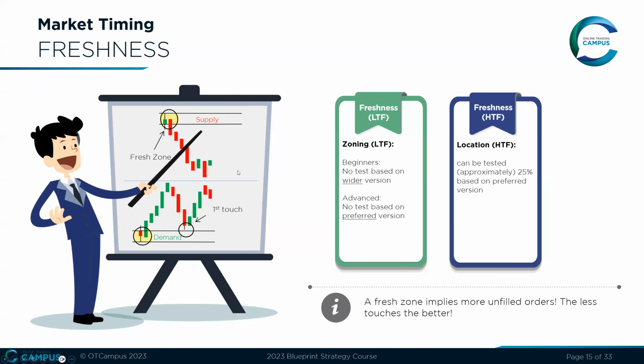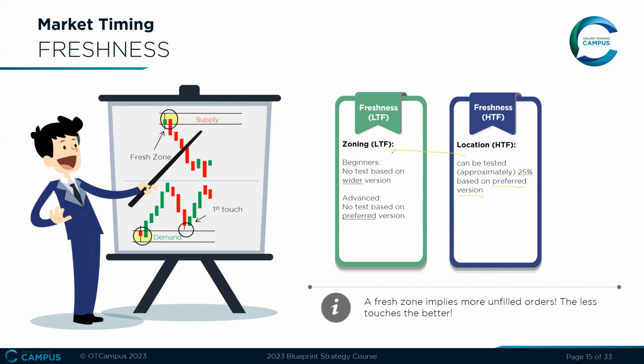So here are your rule cards. Again, we have a higher time frame and a lower time frame rule. The higher time frame rule is it can be tested 25% of the preferred version. So we're testing the preferred, and it can even be tested by 25%.